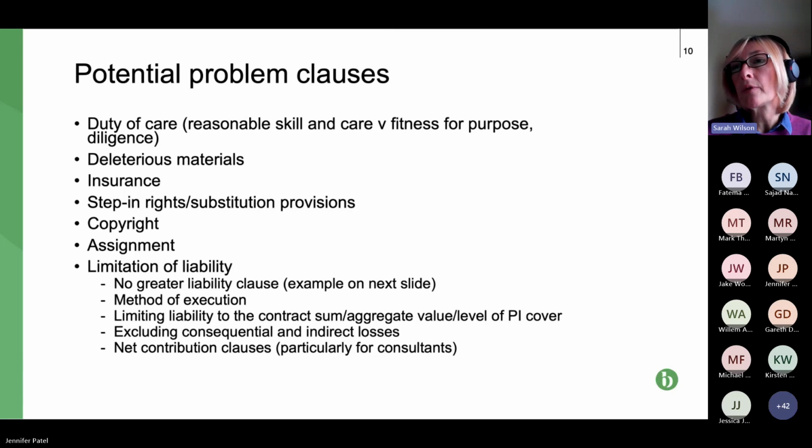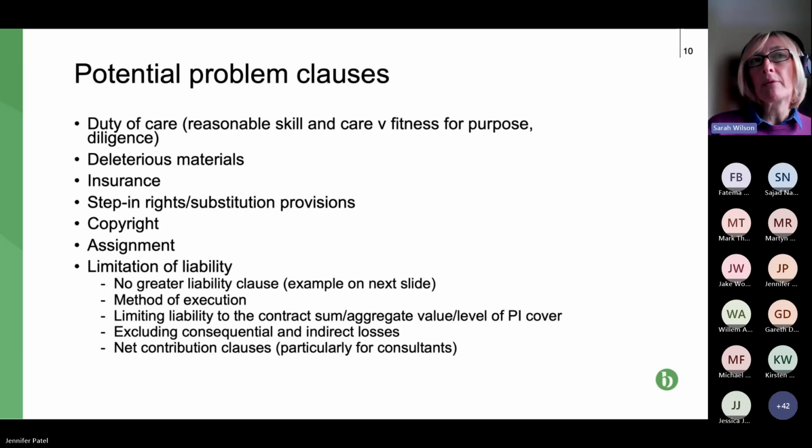This is talking about the duty of care being imposed on the party doing the work, so the contractor, subcontractor, or consultant, if it's their collateral warranty being provided. This is one of the areas where it's important to make sure it doesn't differ from the contract itself. So you'd expect it to say reasonable skill and care and not fitness for purpose.